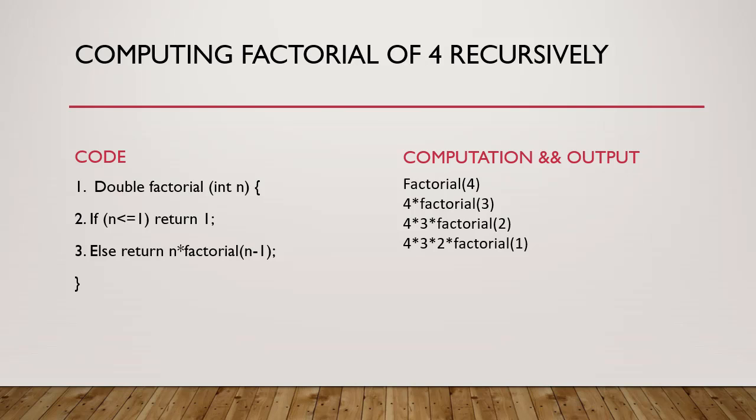And analogously all the way down till we reach our base case, which is 4 times 3 times 2 times factorial of 1. In this case, we have reached number 2, which is our base case that represents the termination of our function or the work that needs to be done.